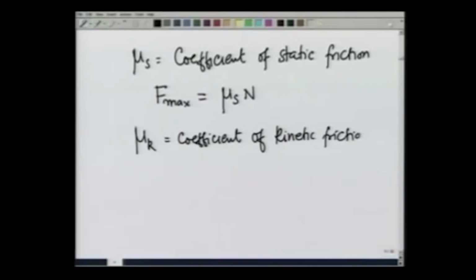So, when the body is moving, the frictional force, I will call it F kinetic, is equal to mu k times N, and it is observed that mu k is less than mu s.